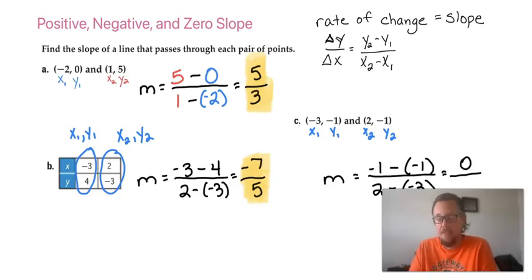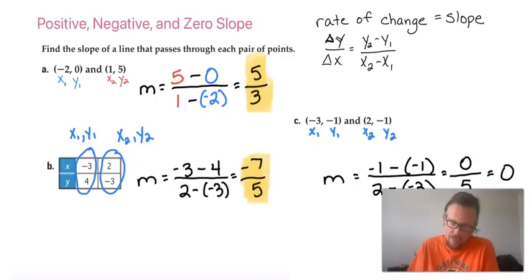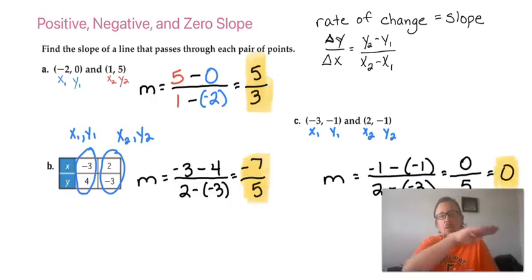And 2 minus -3 is 5. And 0 divided by 5 is 0. So this last pair has a slope of 0. And something with a slope of 0 is actually a horizontal line. A 0 slope is a completely flat line.